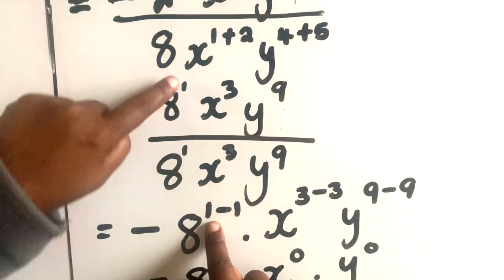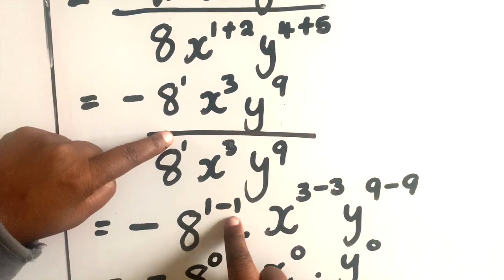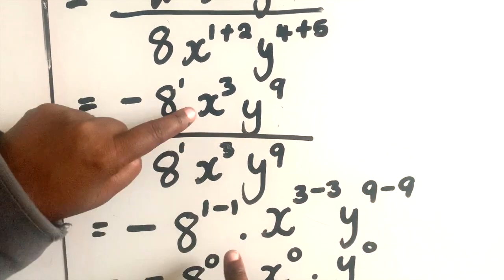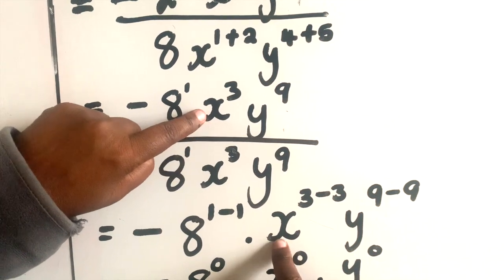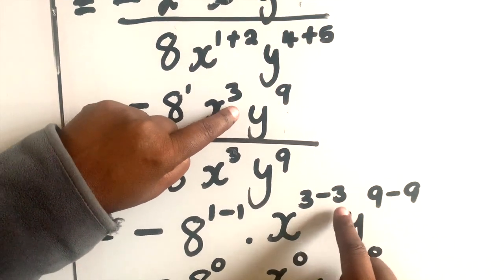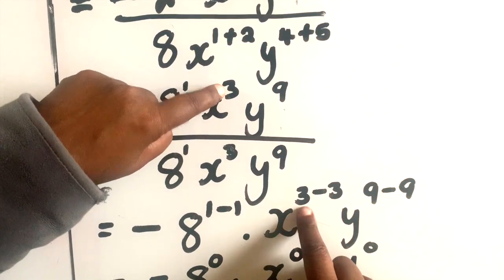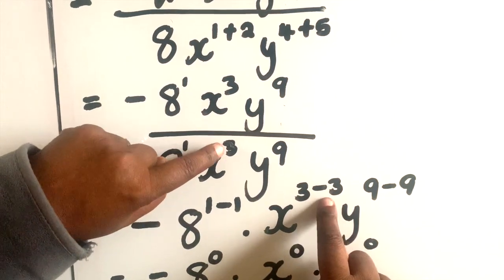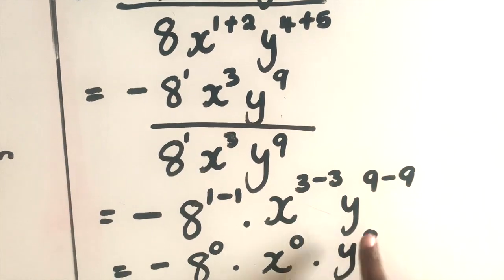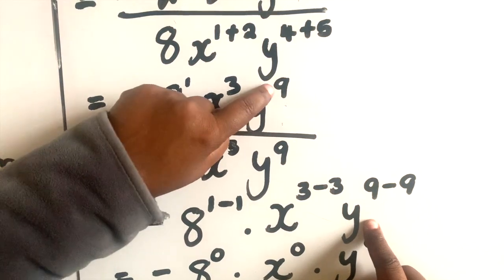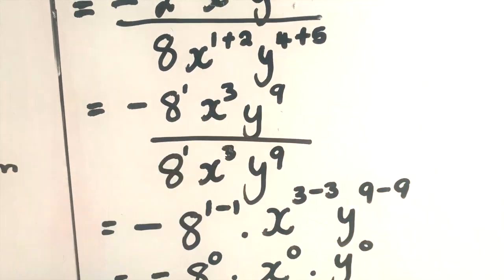That's why we have a 1 for that one and a 1 for the bottom one. With an x, because we are dividing, it's x to the power 3 minus 3, because this is the 3 for the top one. Because we are dividing, it's a minus and then 3 for that one. Same thing with a y. Y, 9 minus this 9.